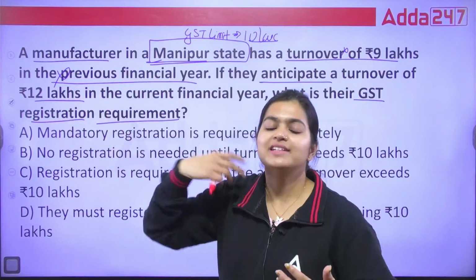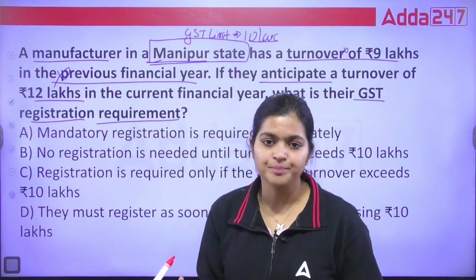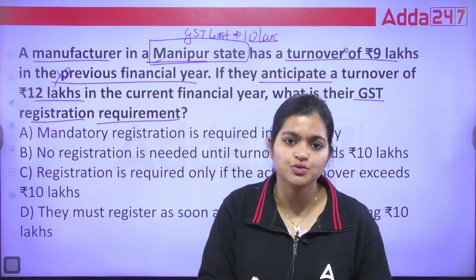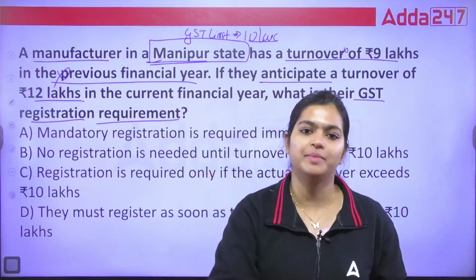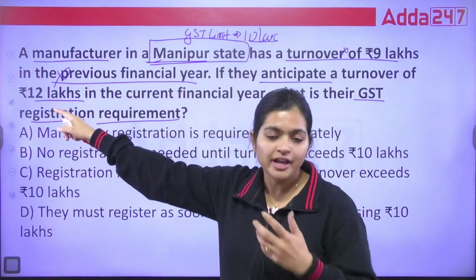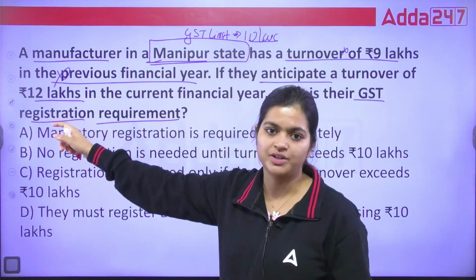This is the budget they are preparing. Whenever we talk about GST, we never take registration based on budgets or estimates. So again, this statement is irrelevant to GST registration.